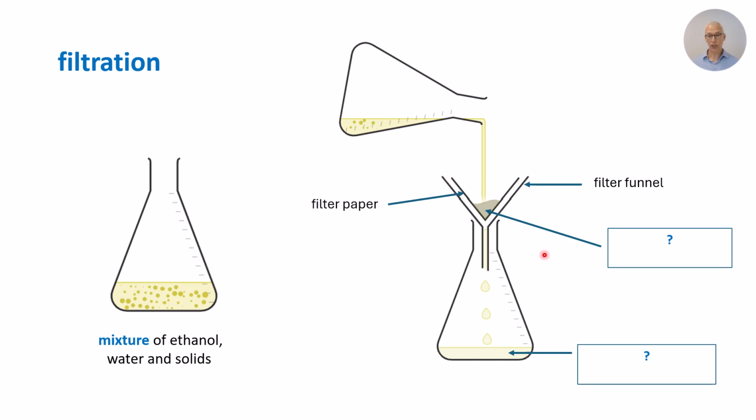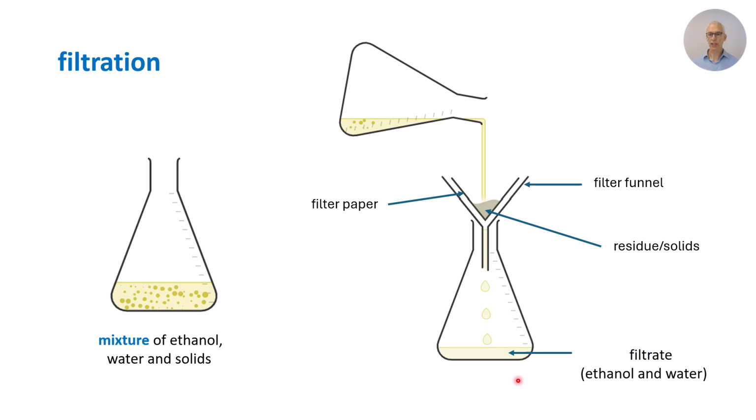Also appeared as a question in recent paper 6. The general name for solids collected in the filter paper, of course, are residue. And what is the general name for the solution collected that passes through the filter paper? It's a filtrate, which in this case is a mixture of ethanol and water.